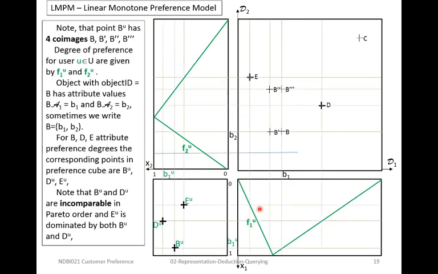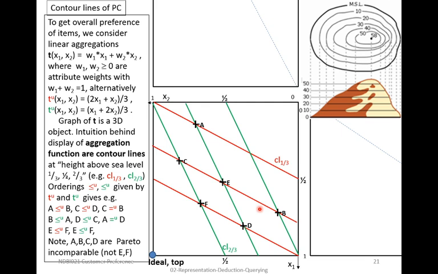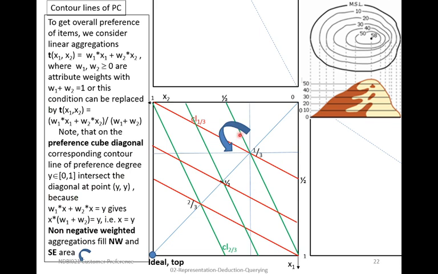Okay, so our attribute preferences are closed under negation, or 1 minus x in this case, and so we consider only weighted sums with non-negative weights.